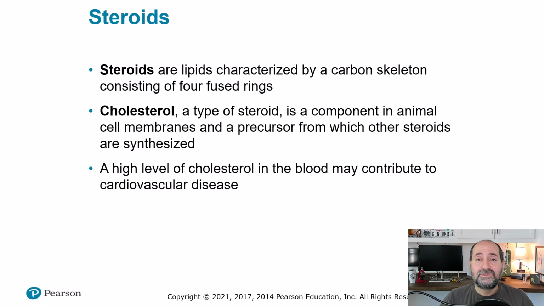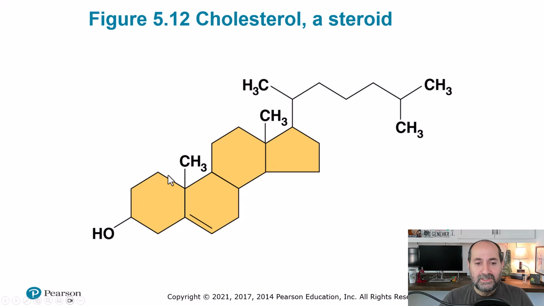Now, plants do not have cholesterol in their membranes, so plant products do not contain cholesterol. Here's what cholesterol looks like. Here you can see the 4 fused rings. Here's a hydroxyl group. You've got a couple methyl functional groups, and then you have this other functional group here, and this is what makes up cholesterol.